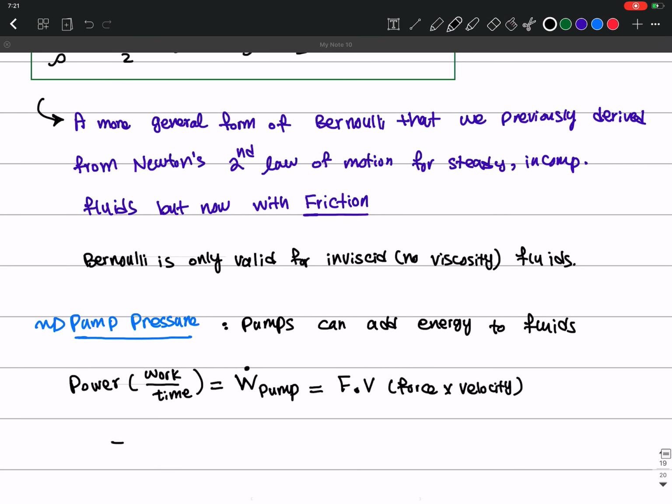And F equals what? Force is pressure times area, so instead of F, I can write P A dot V. Again, the definition of pressure is force per area, right? So I can write this like that.